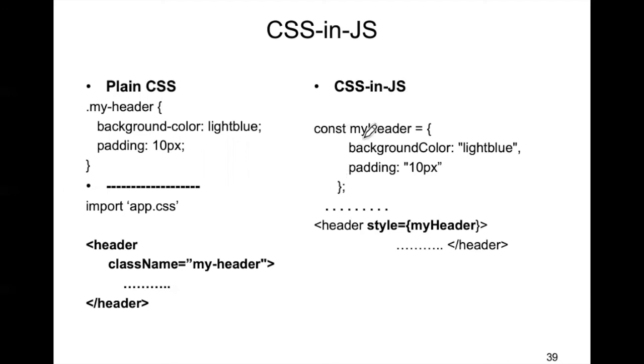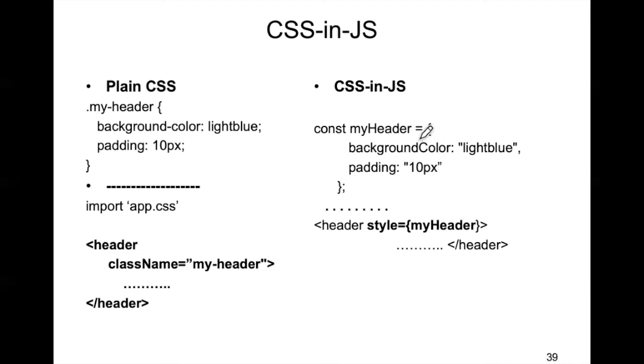And to apply that CSS to a JSX element, I use the style attribute, and I just simply refer to the object that I've defined up here. Obviously, because I'm embedding a variable in my JSX, I wrap the variable name in curly braces as before. And that has the exact same effect as what we see on the left.